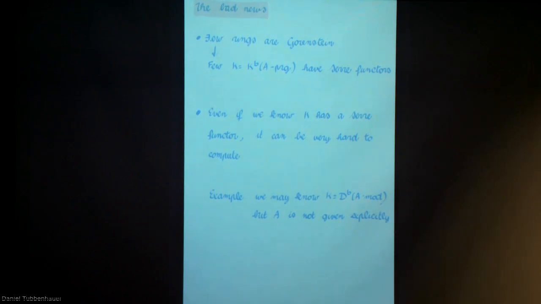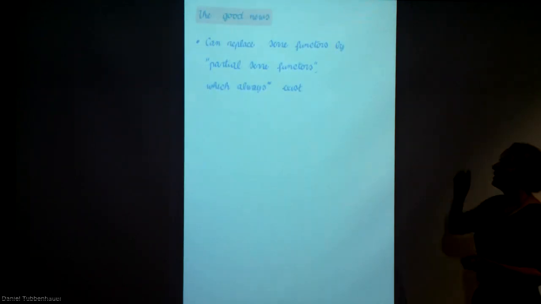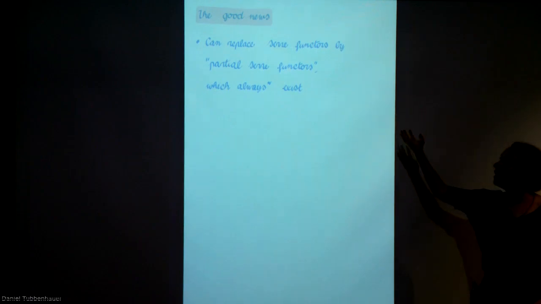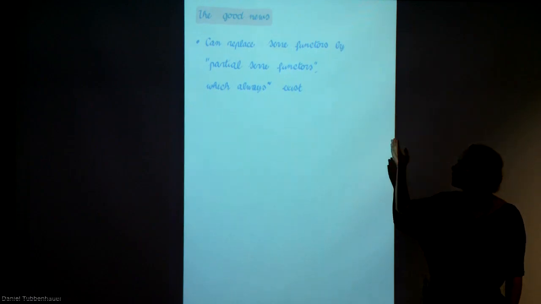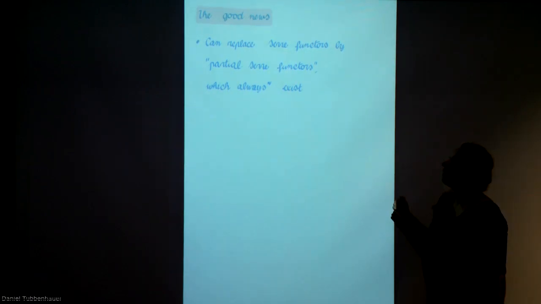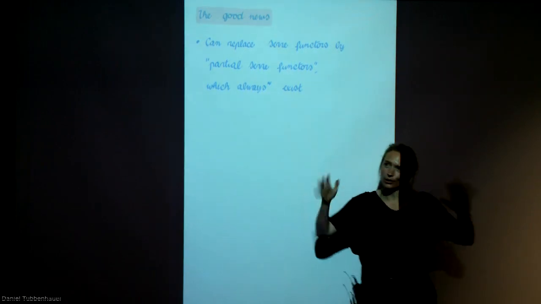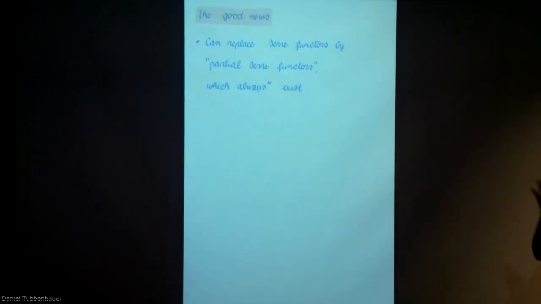Okay. We also have some good news. The good news is that, as we've seen, instead of thinking about Serre functors, we can think about partial Serre functors, which always exist, always meaning in all cases that I care about, and even more so in all cases that you people care about.